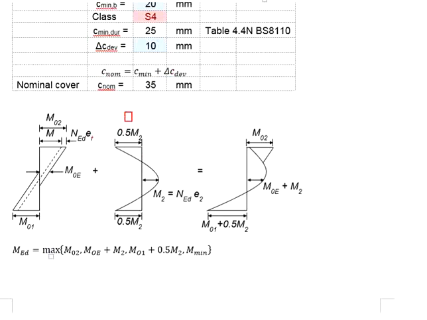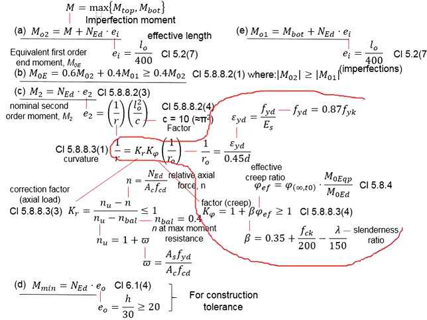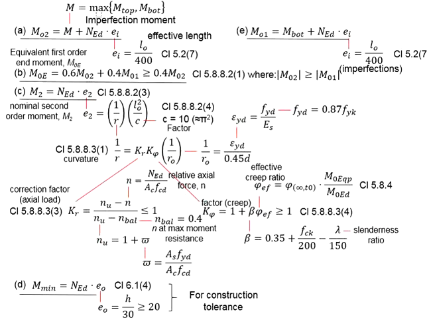Next, you need to determine the second order moment, which is M2. M2 is calculated based on NED times e2. There is a series of equations to calculate e2. Most of the equations you have those values known, except for KR here.